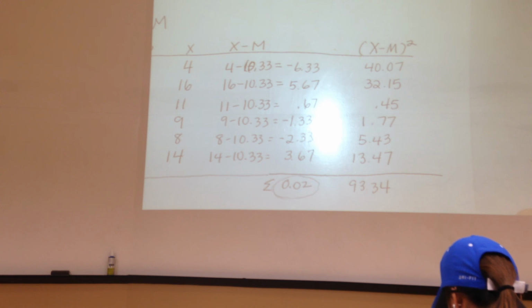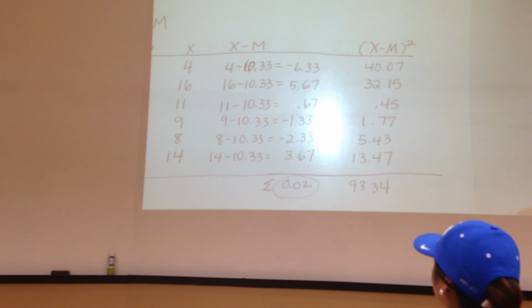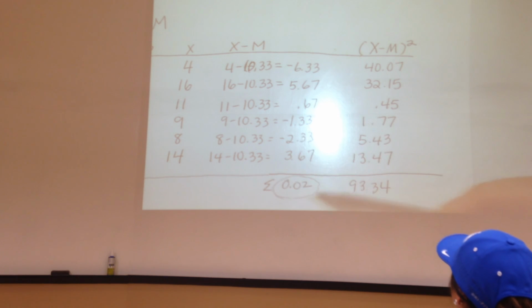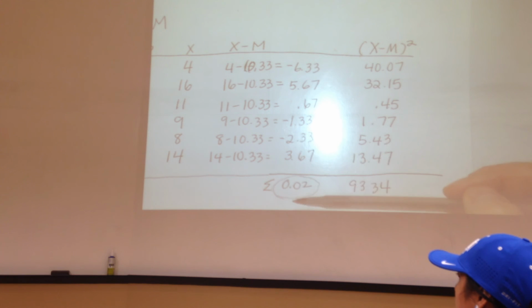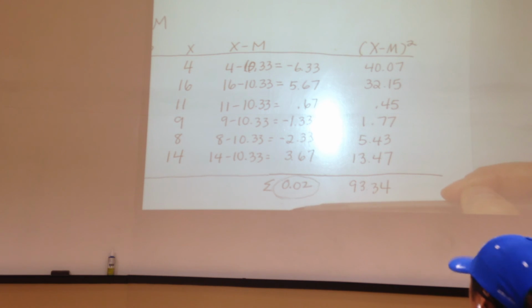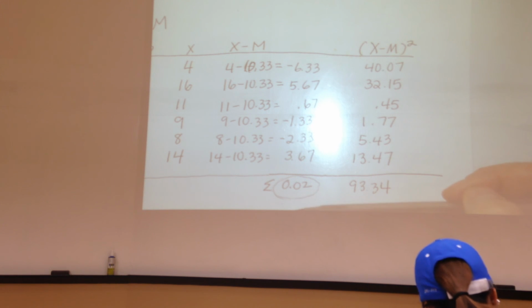Yes? What was the purpose of adding that first part? This check, you want this to be 0 or very, very close to 0 so that you can check to make sure that you did your math right here. It's just a check.